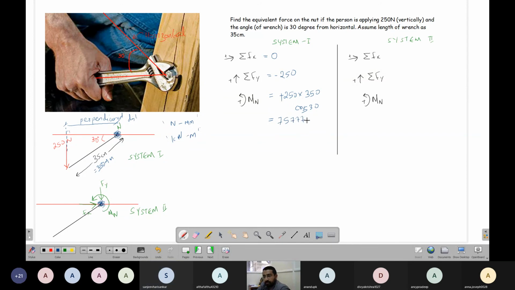The unit is Newton millimeter. Good. So this is Newton millimeter. Now what about this? Let's see, system 2. What is Fx?